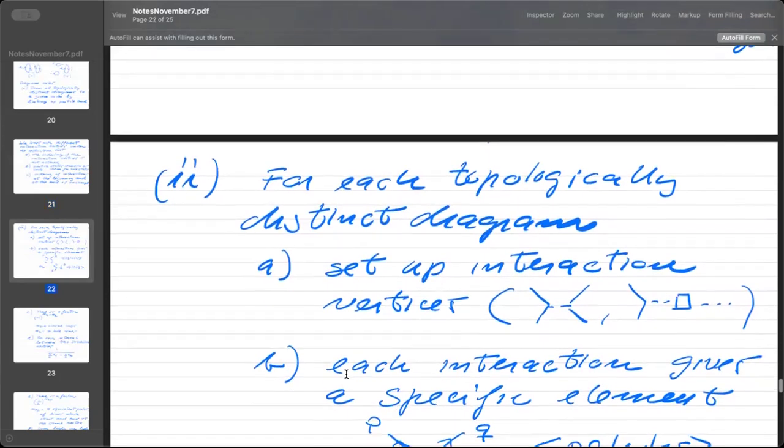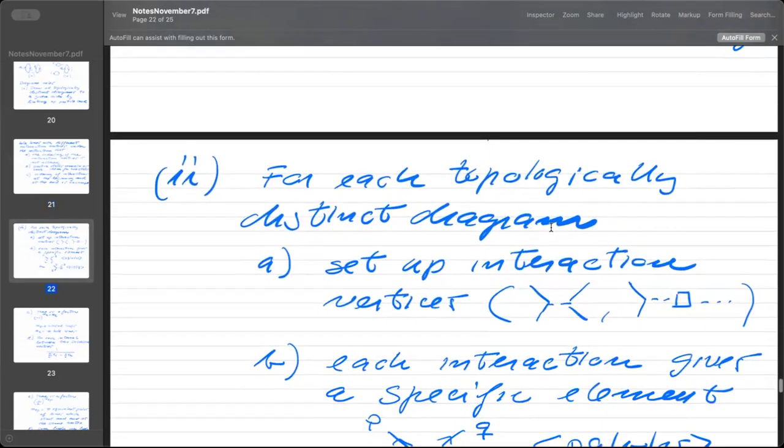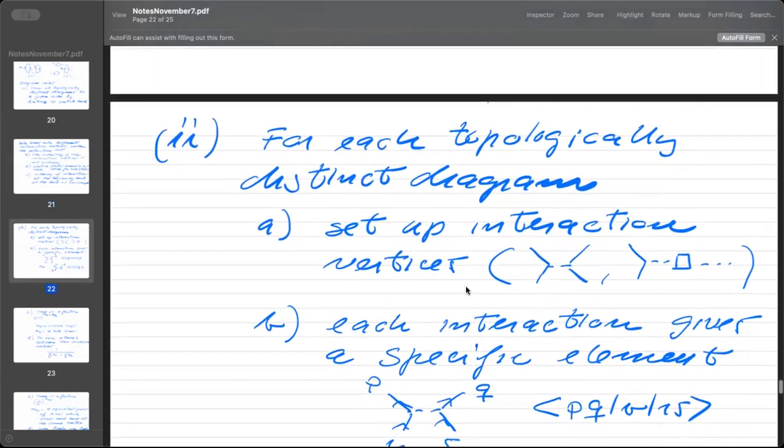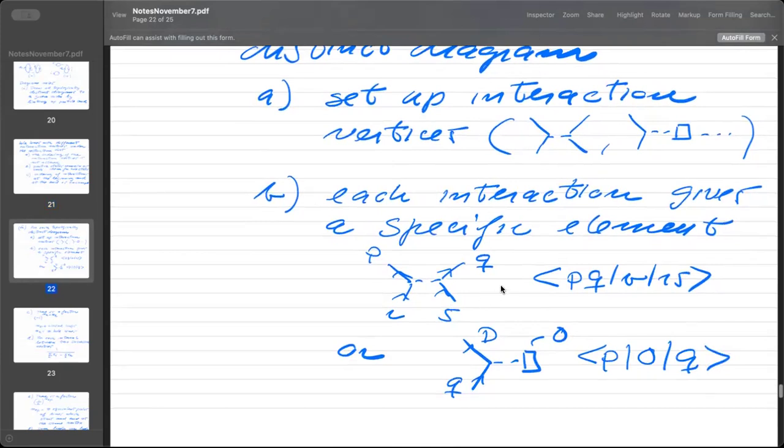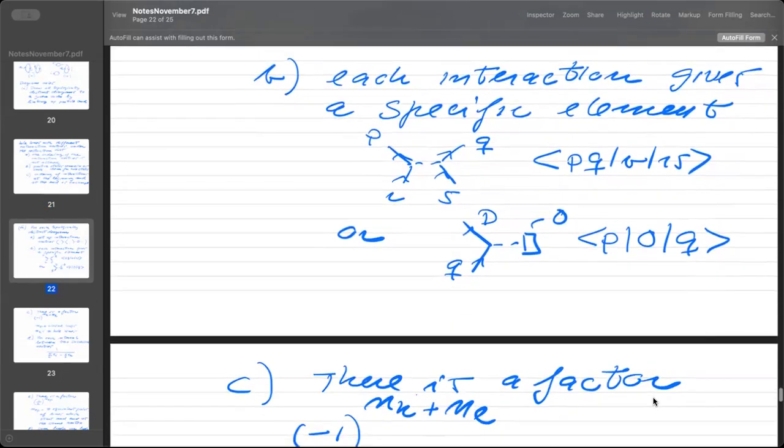With that, for each topologically distinct diagram, we would then set up the interaction vertices, and each interaction gives a specific element. So whether we have an interaction of this type, or we have a one-body operator, where O here just represents a given one-body operator, which we have to specify later.